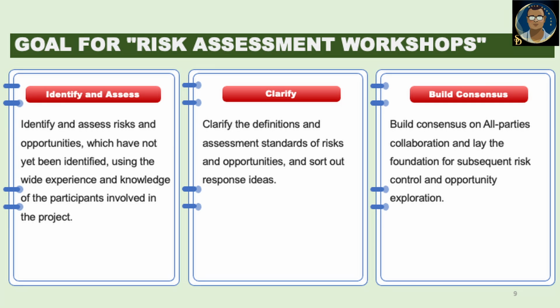Participation and contribution in the risk assessment is the responsibility of every level, leaders, and even workers can give a possible risk at site. So we need to take the input first, then we clarify whether that is really valid or not. Then we will build consensus on all parties' collaboration and lay the foundation for subsequent risk control and opportunity exploration. So we need to develop the mitigation process here.